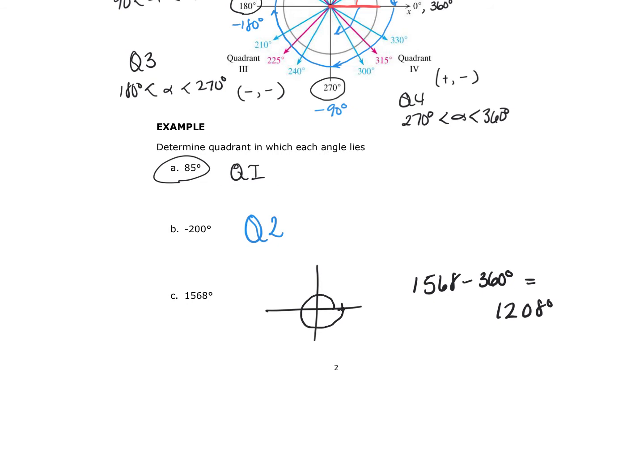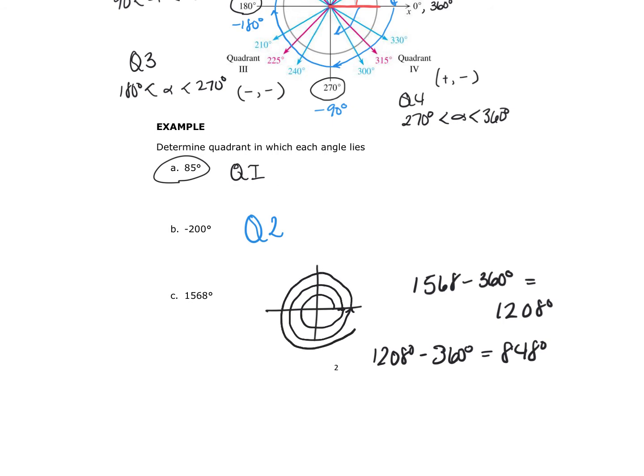So I'm going to do another full rotation. I'm going to take that 1208 and subtract off another 360 degrees, which is going to give me 848 degrees. Well, that's still bigger than 360, so let's do another rotation.